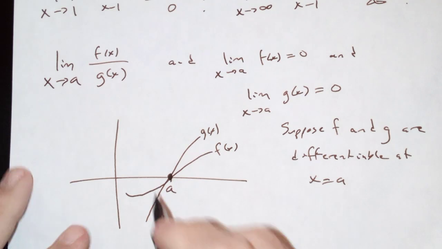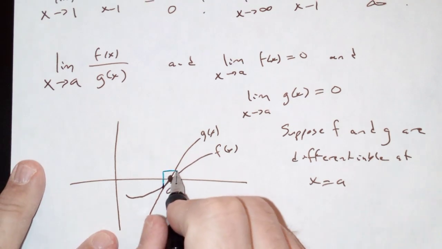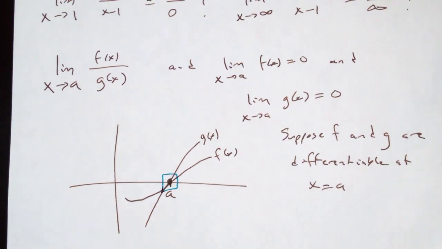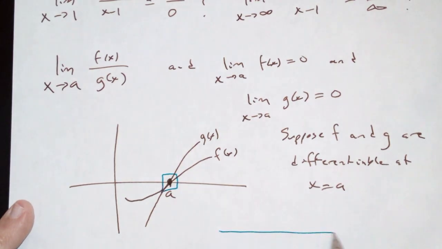If I take a real small picture here and zoom into that little tiny box, what am I going to see near that dot?